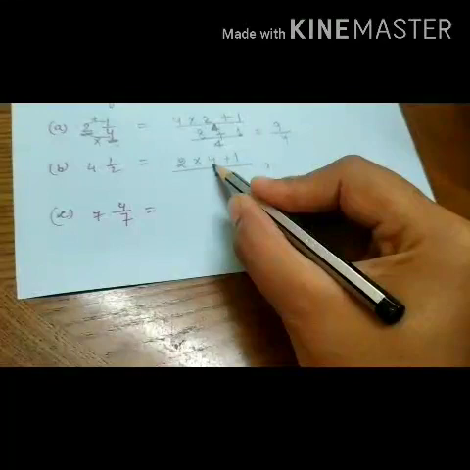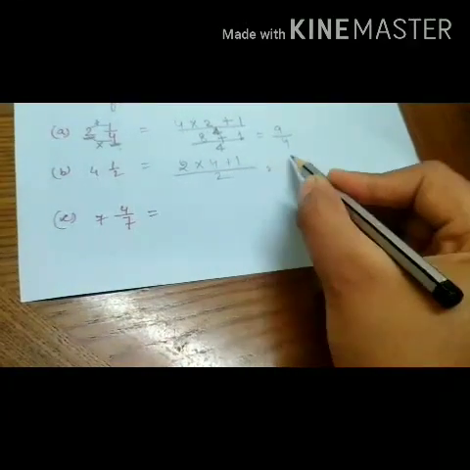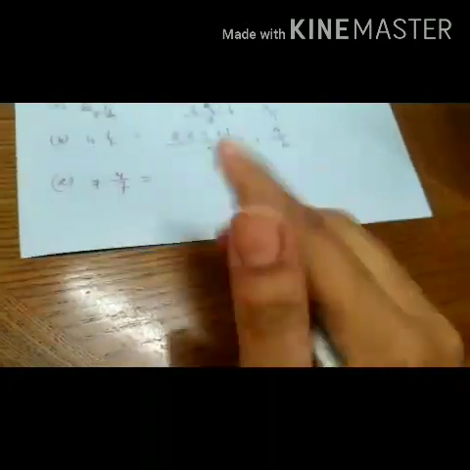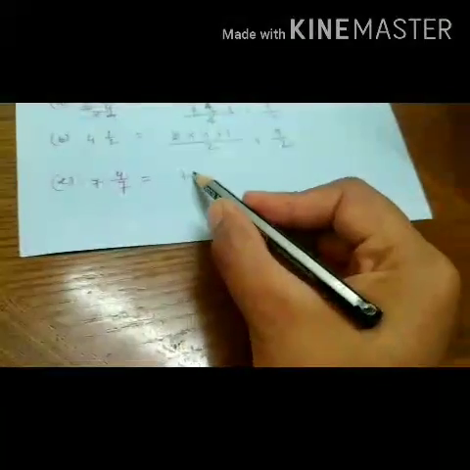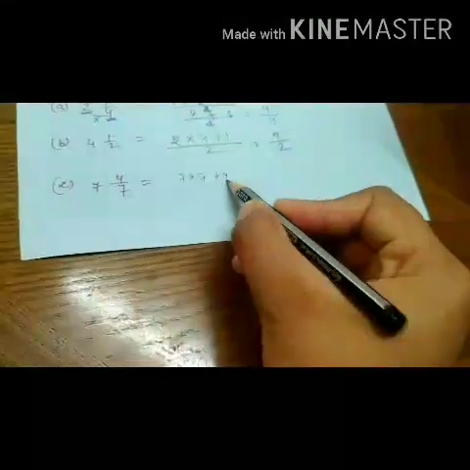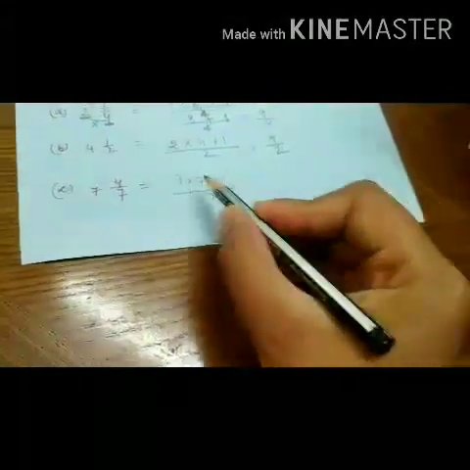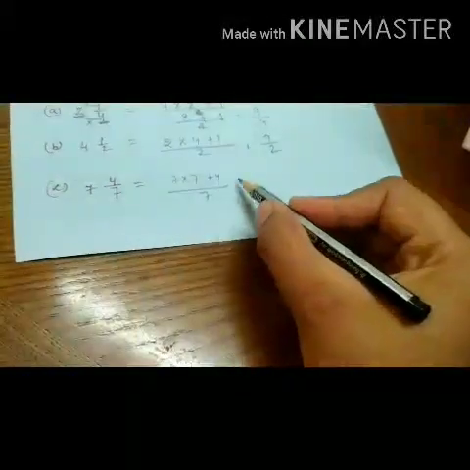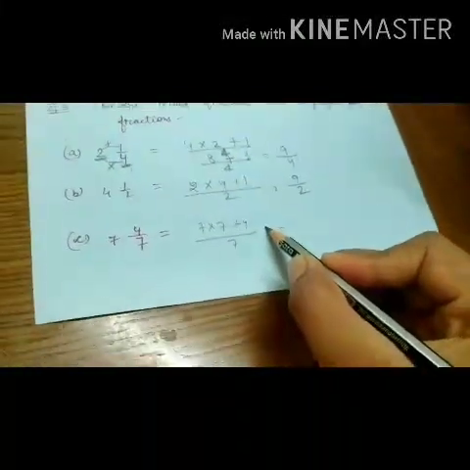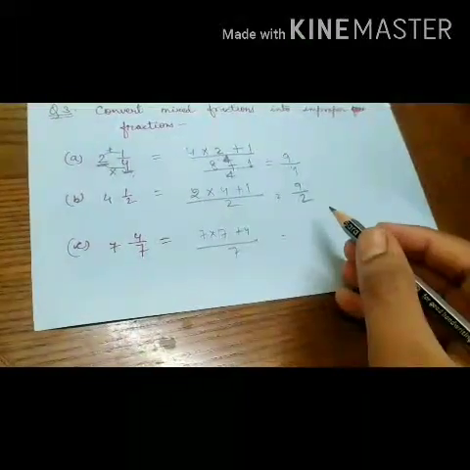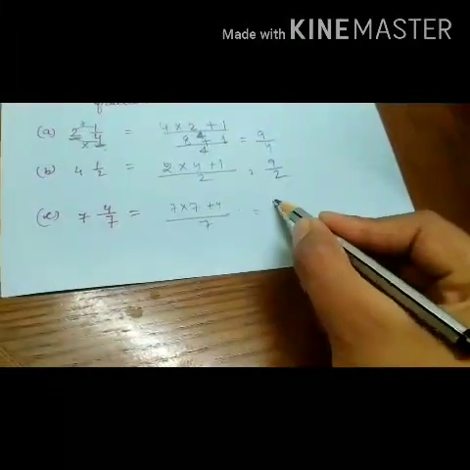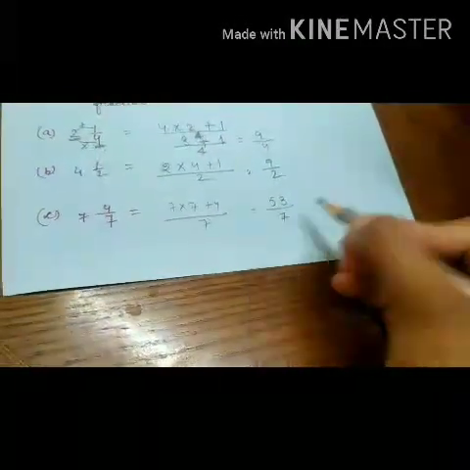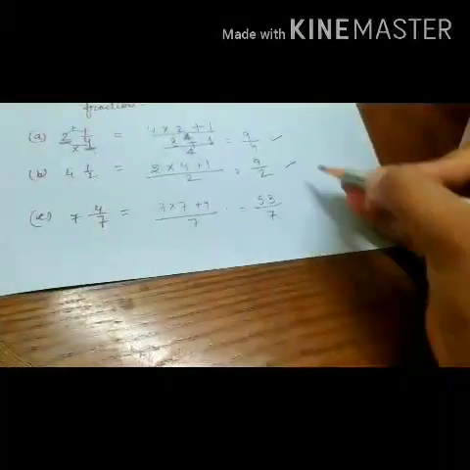So 2 4s are 8 plus 1, 9, 9 by 2. Then 7 4 by 7: 7 into 7 plus 4 upon 7. 7 7s are 49, 49 plus 4, 53 by 7. So these are all improper fractions.